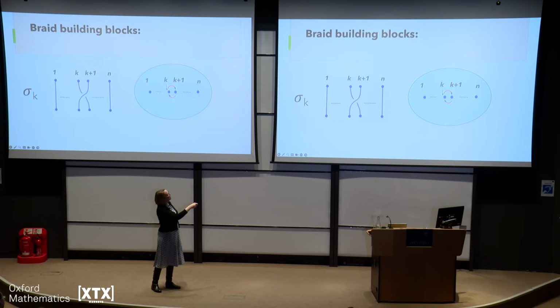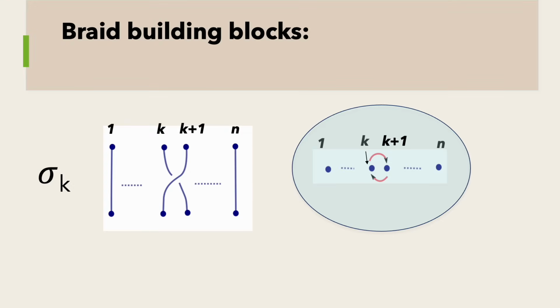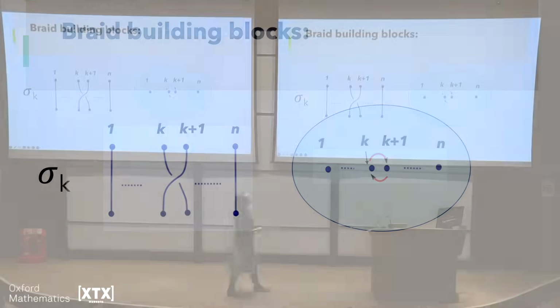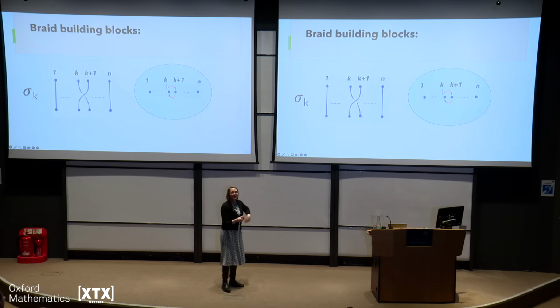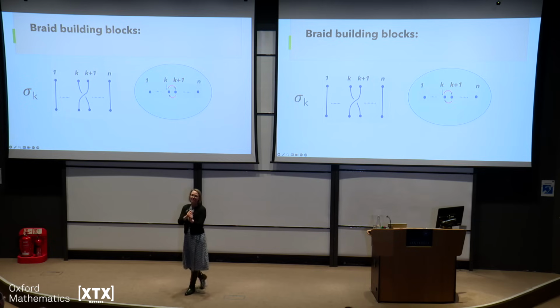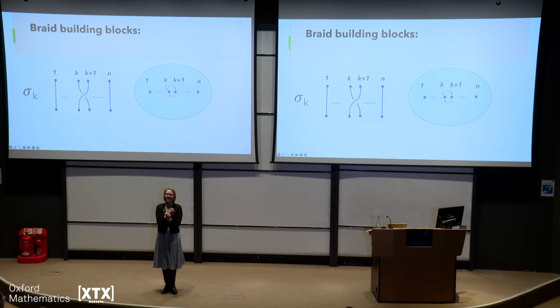Well, k plus 1 is moving around in front, and k is moving around behind. Now you have to imagine that you're standing and looking down on the braid while this happens. And so the building block of every braid is just 2 points next to each other in the plane trading places. Okay?